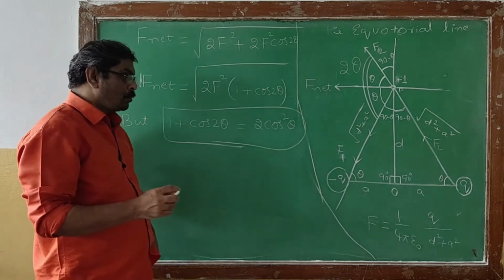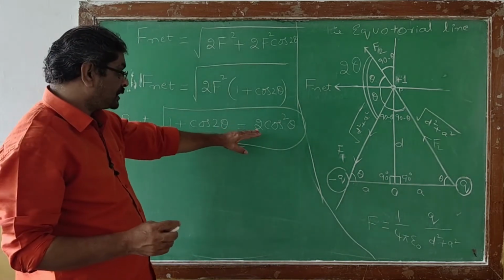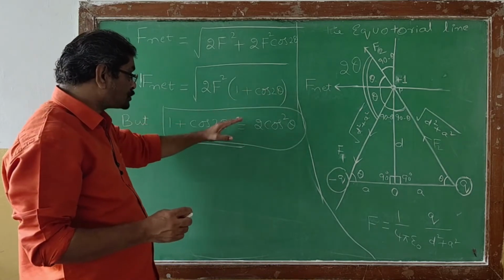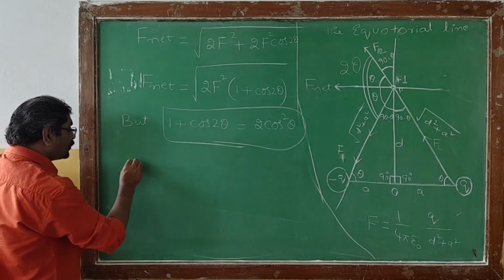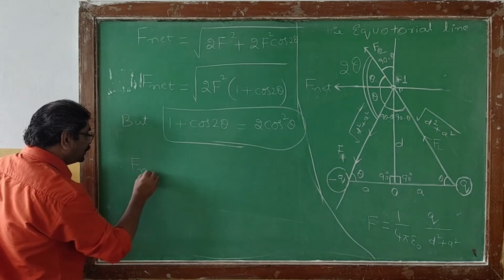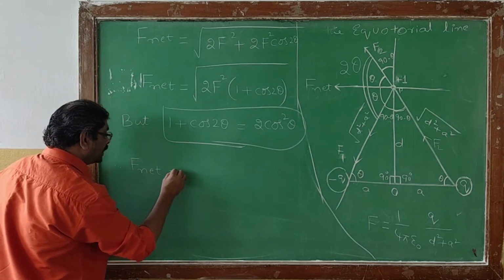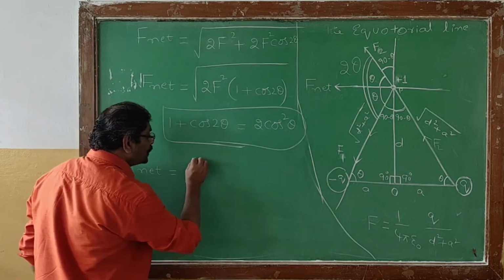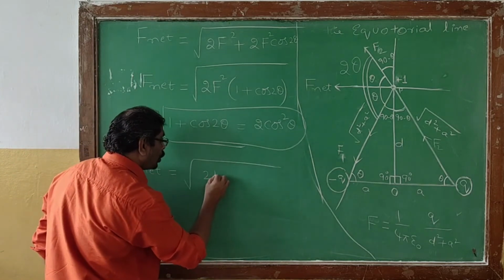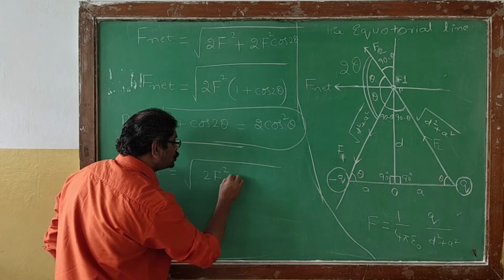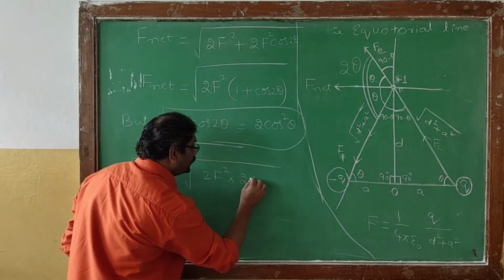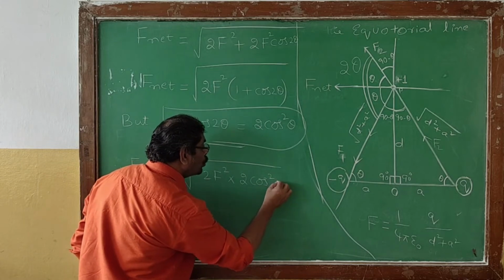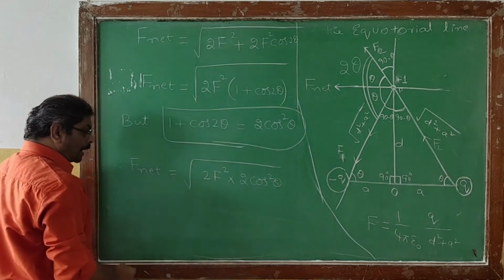So now I will substitute 2 cos square theta in the above formula. Therefore the magnitude of the net force will be numerically equal to now under root of 2F square, now multiplied by 2 cos square theta.